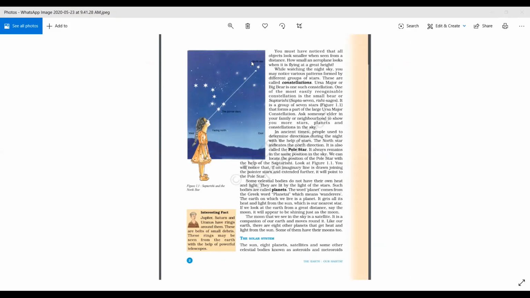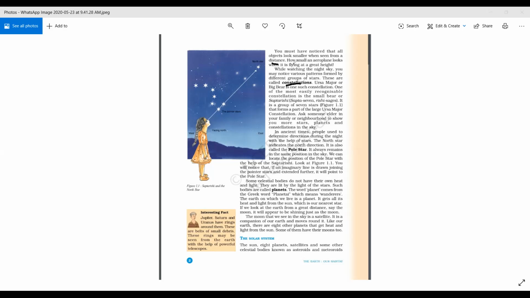Now you must have noticed that all objects look smaller when seen from a distance. How small an airplane looks when it flies at a greater height. While watching the night sky, you may notice various patterns formed by different groups of stars. These are called constellations.